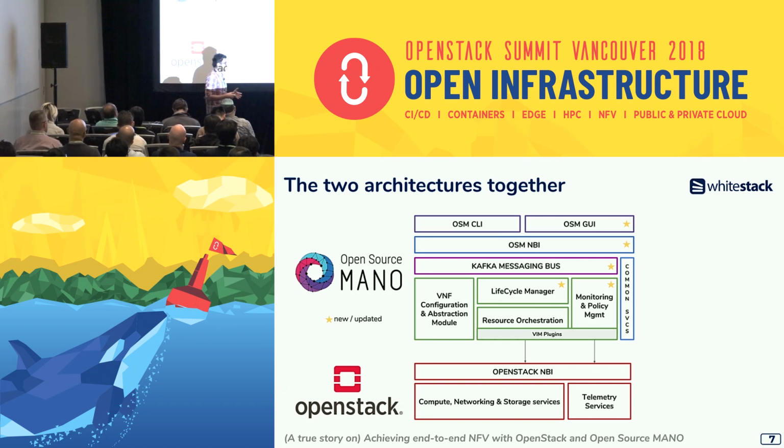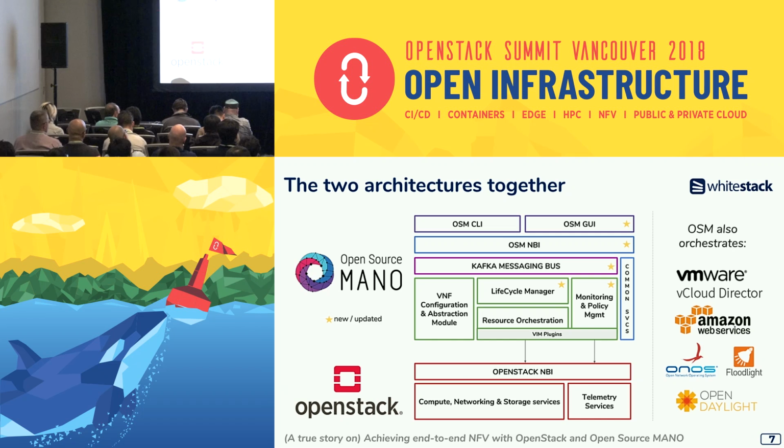And it's not only compatible with OpenStack, but it can also integrate with other VIMs because, as you know, there are existing networks with, for example, VMware, or the traditional platform called VCD, or some telcos that want to put their network services or part of them in a public cloud, or have at least a possibility to do that. So it integrates with Amazon as well, and also with a bunch of SDN controllers.